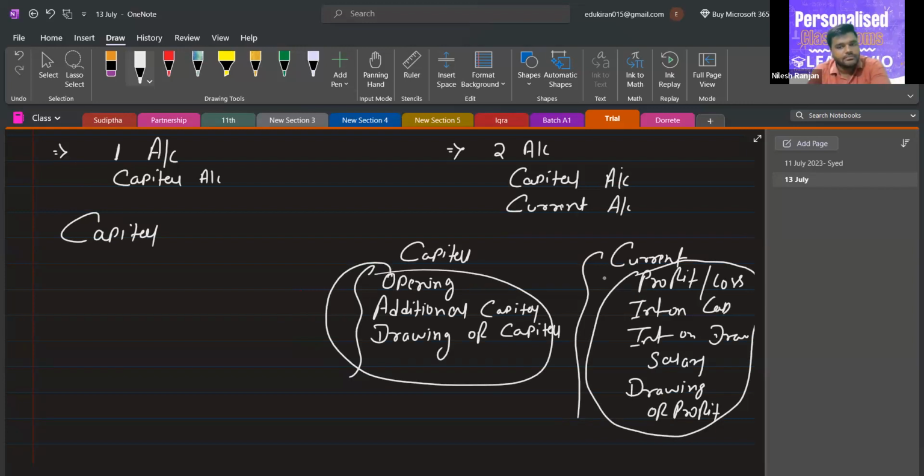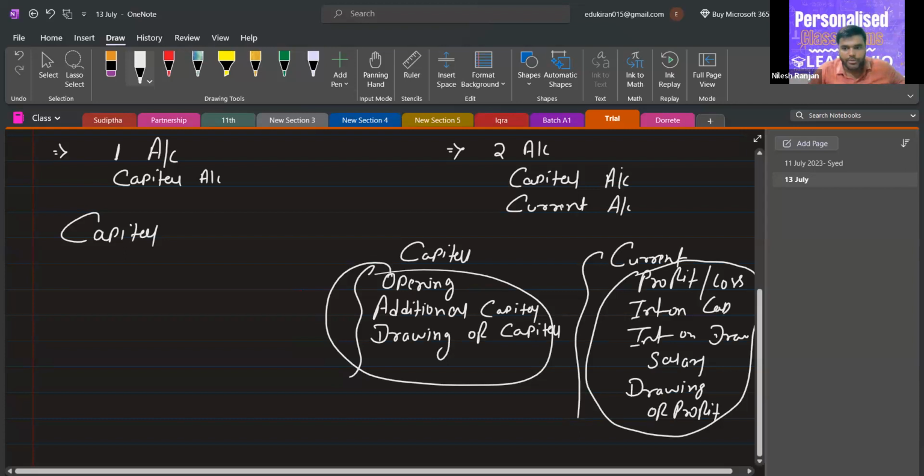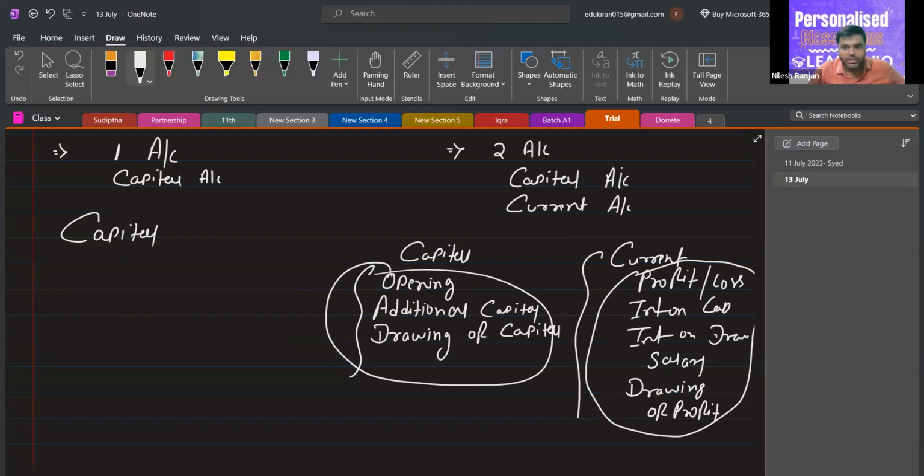That's why it is called fluctuating capital method, means our capital keeps fluctuating. And in fixed capital method, our capital is fixed and current account keeps changing. So this is why we prepare our capital account and current account by these two methods.